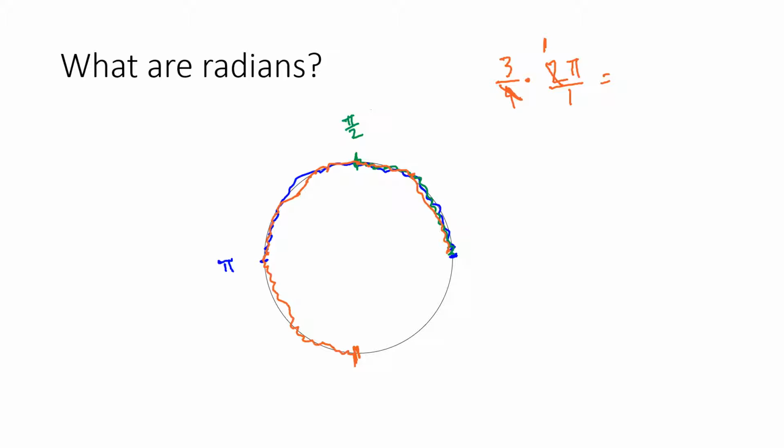This divides by 2, that'll be 2. Basically, we would have gone 3 pi over 2 radians around the circle if we stopped here. And if we kept going, that will put us back here at 2 pi radians.